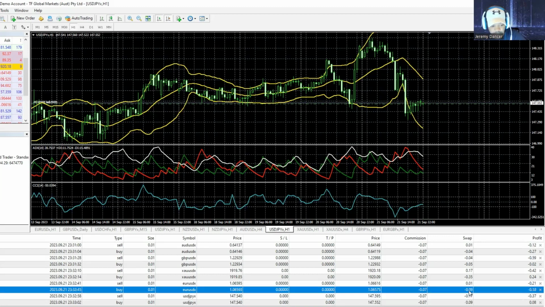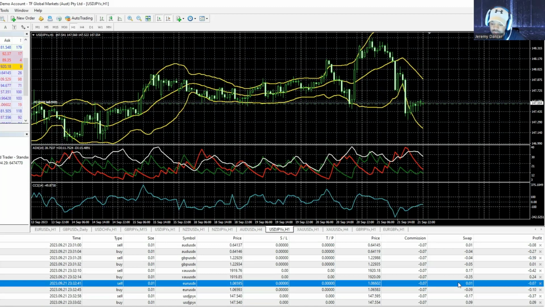For buying the Euro US dollar, they're charging me 0.09. So they were charging me almost a full pip in the swap for buying this trade, which means my broker does not like this trade at all. So they must know that this is a bad trade to make. And then they can also determine that the margin is not going to be that great.